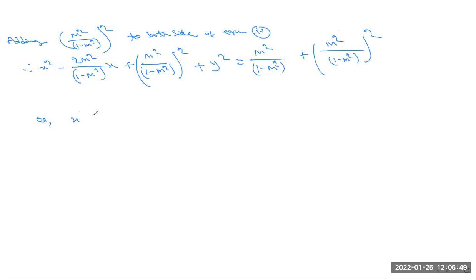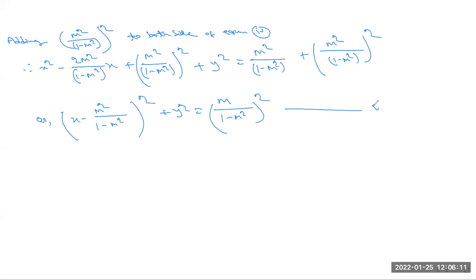So this is (x minus m square by 1 minus m square) whole square, plus y square equals m by 1 minus m square, whole square. This is the other equation, equation 5. So you have to calculate this equation easily.